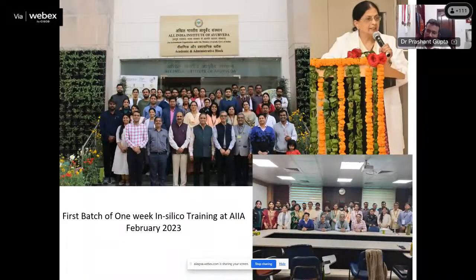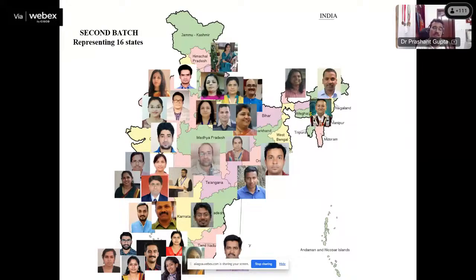This is our first batch, and you can see good faces from all around India who participated; we did it in February 2023. And see the second batch, we have such diversity: 16 states represented our 30-student capacity batch.